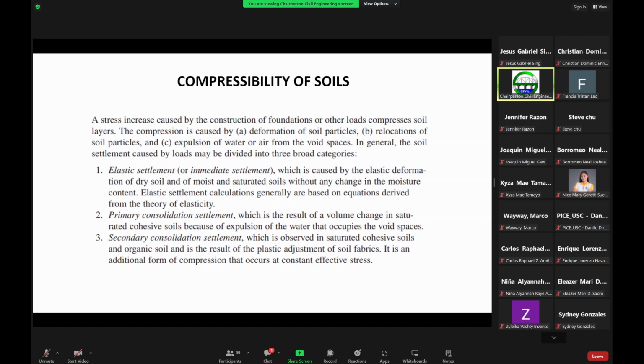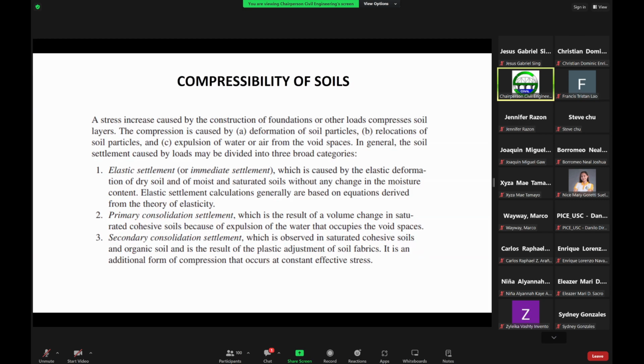And this compressibility is caused by a stress increase. As I think last meeting we have discussed in situ stresses. So these are the natural stresses in the ground, in situ stresses caused by the overburden pressure, by the weight of the soils themselves.